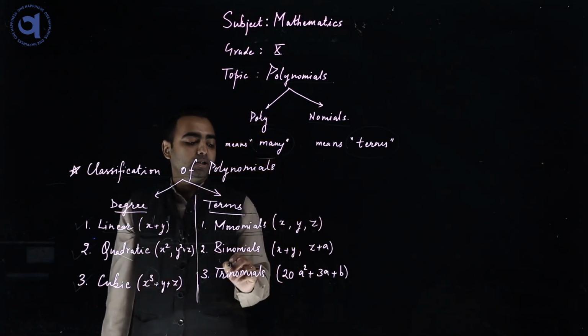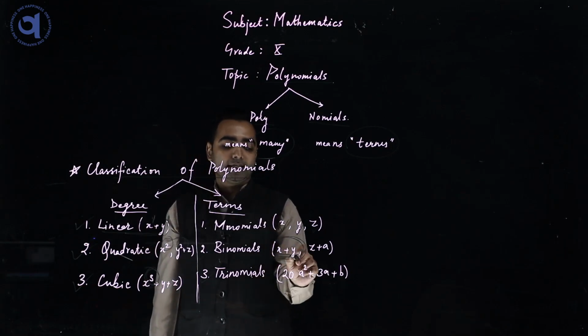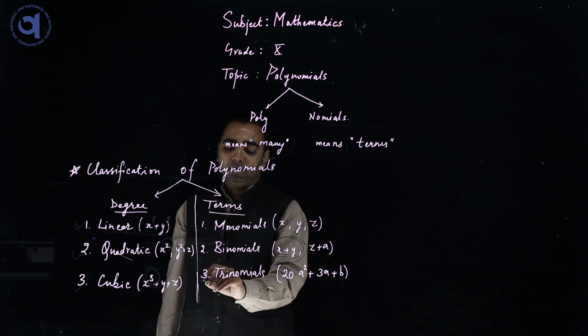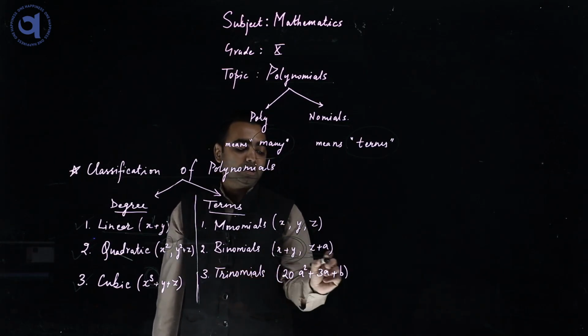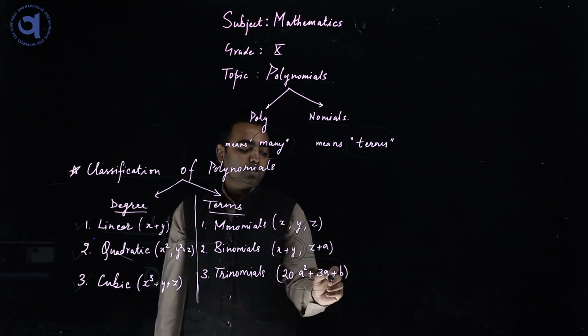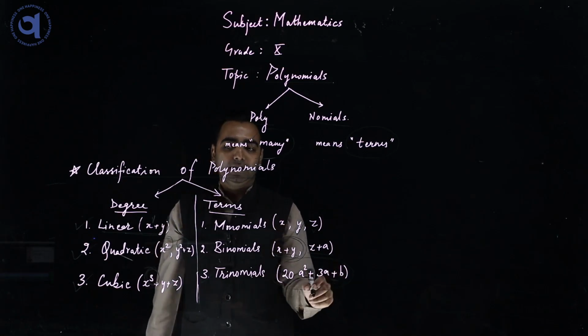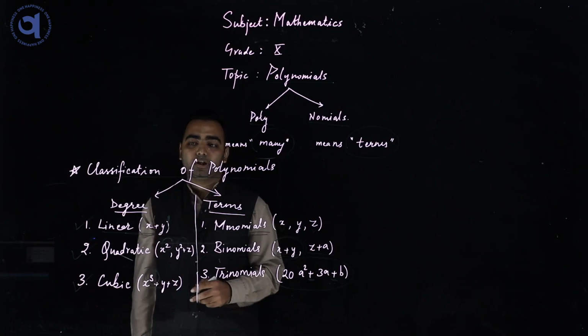What is a binomial? An expression having two terms in it, for example x plus y, or z plus a. The third one is trinomial, an expression having three terms in it, like 20a square plus 3a plus b. In place of plus we can use subtraction as well. Any other examples will also be there, so that was the classification on the basis of terms and degree.